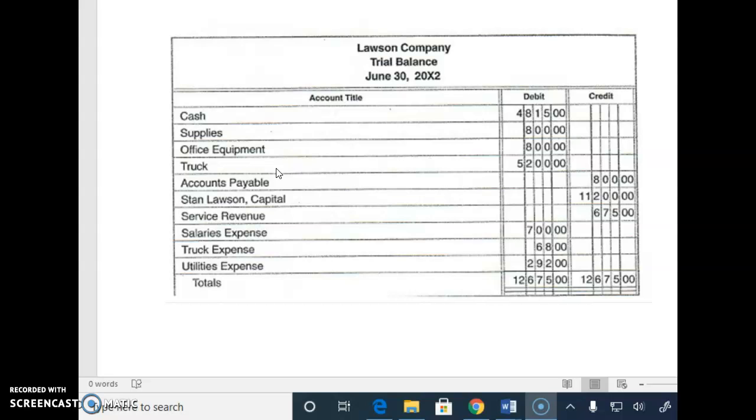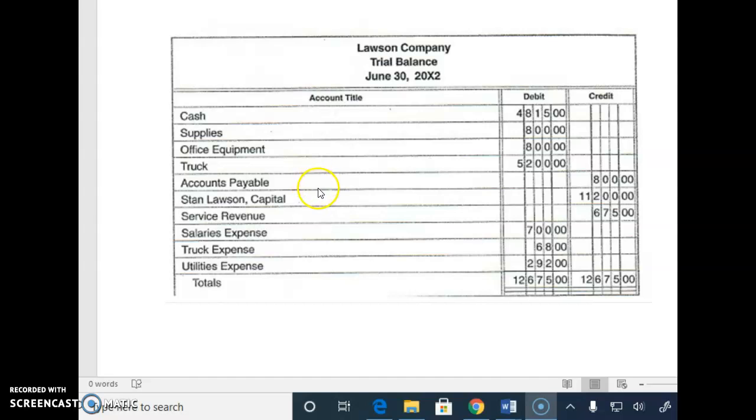Then you list your liabilities, because remember, you have to go in order of the accounting equation. Assets equals liabilities plus capital. So liabilities comes next, and accounts payable is the only liability that you have. And remember, a liability is something that you owe. It's a debt.